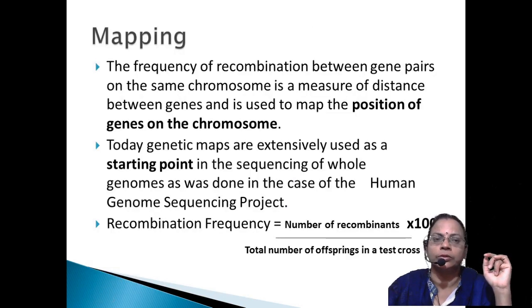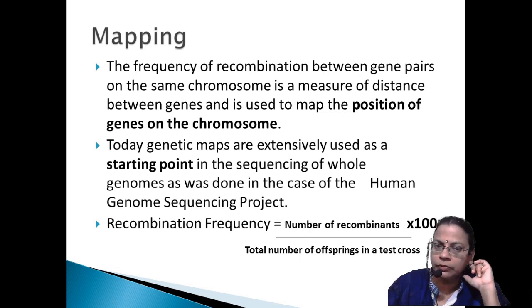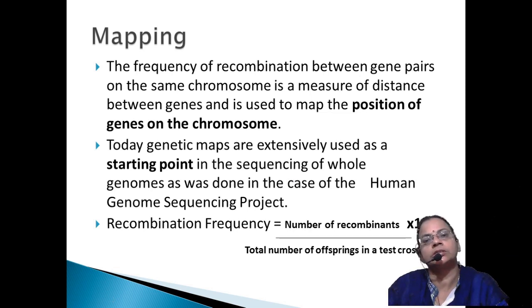Now we'll move on to the next topic, that is one of his students, Alfred Sturtevant. He used this recombinant frequency. So what do you mean by recombinant frequency? The number of recombinants formed in a test cross divided by the total number of offspring in the test cross.